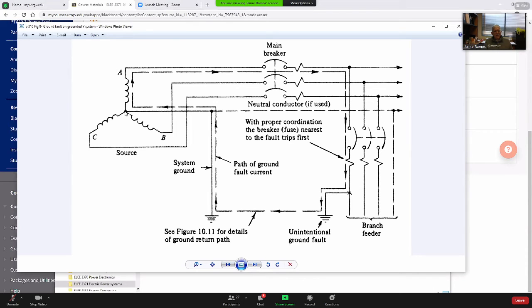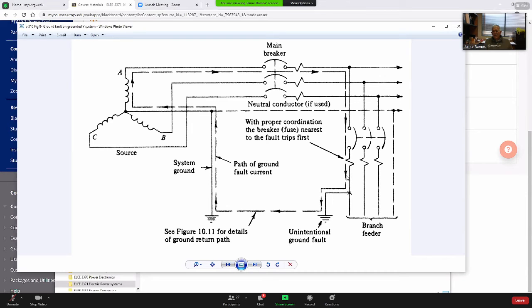We have the neutral, the system ground here. Then we have also the load. Imagine these are equipment. Now we have a fault, the first fault.